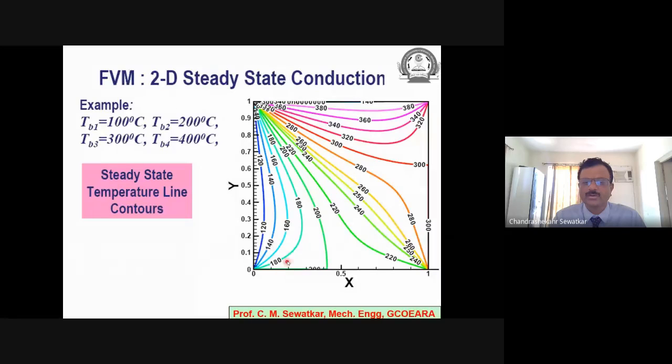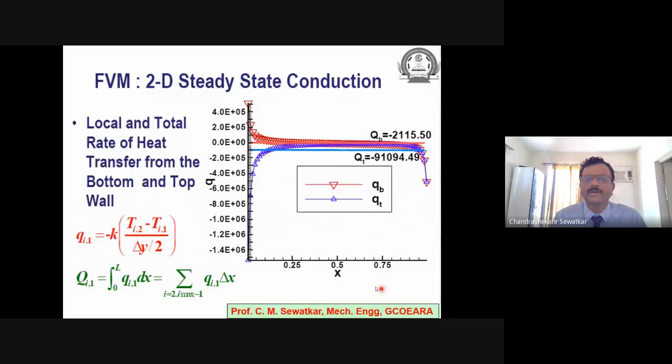So here it is 200, from high temperature to low temperature. On the contrary, beyond this particular point, the heat will be transferred from the negative y direction. So here my heat flux is positive, and beyond a certain point it goes into the negative.